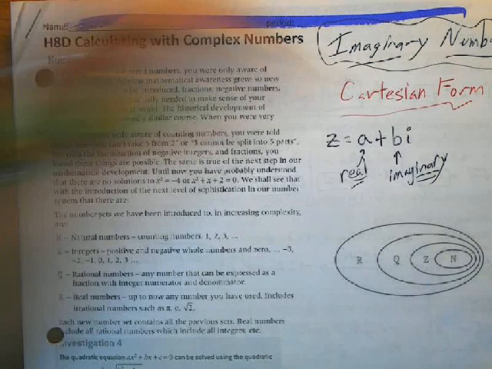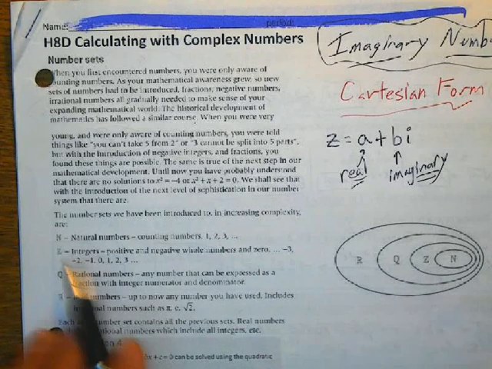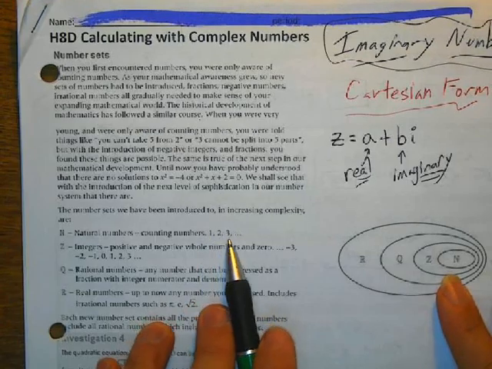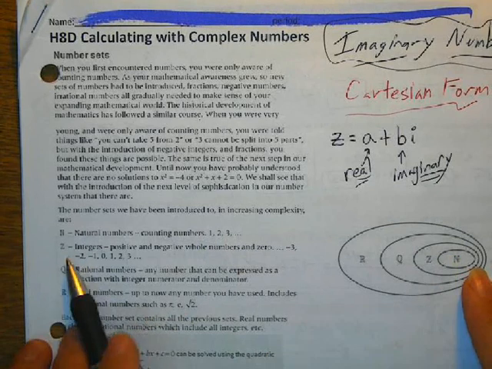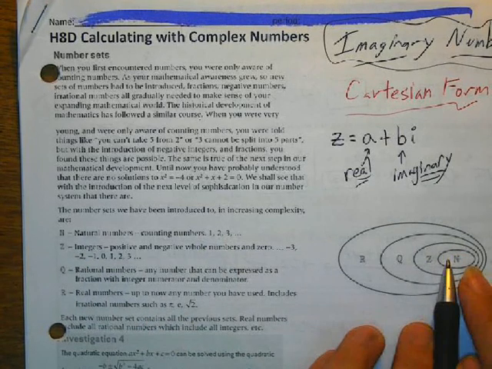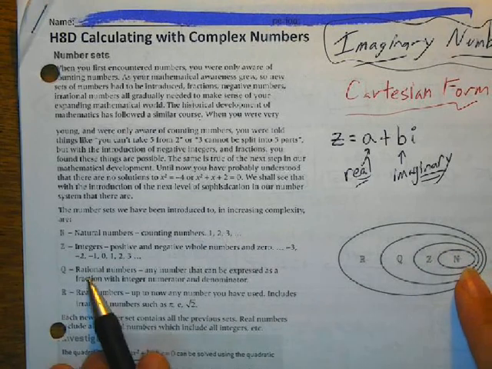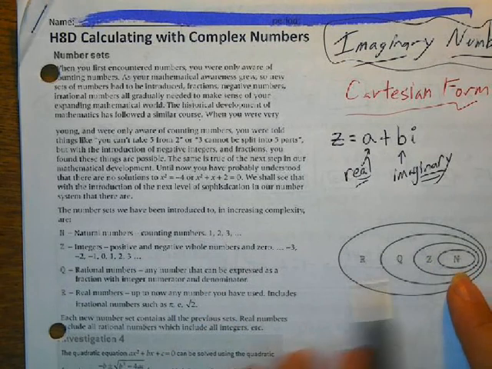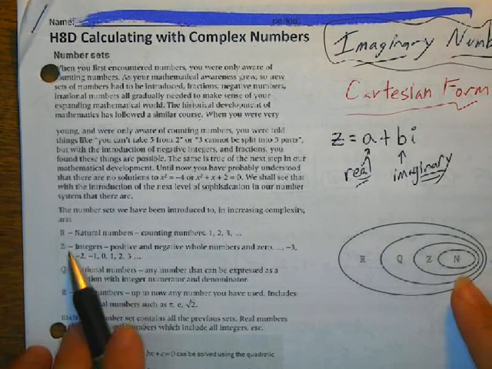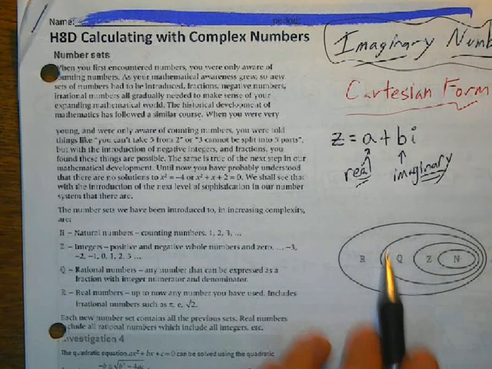Okay, so far, natural numbers were things that we're counting: 1, 2, 3. Those fit in here. Integers also include negative numbers, so all natural numbers are part of integers. Rational numbers can be written as a fraction or as a decimal, so all the integers and natural numbers fit in the circle for rational numbers.